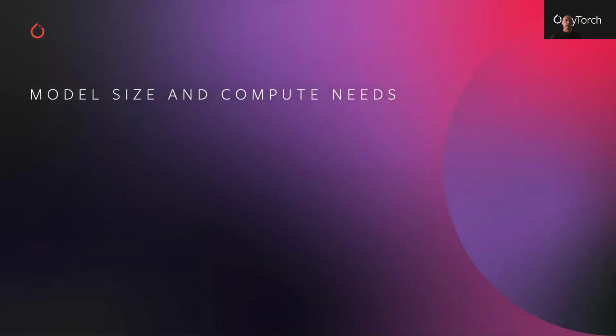Okay, I'm going to shift over to some of the things that PyTorch, as a project, is focused on, and this aligns with some of the challenges that we see in AI/ML and some of the overall trends that are happening in the space.